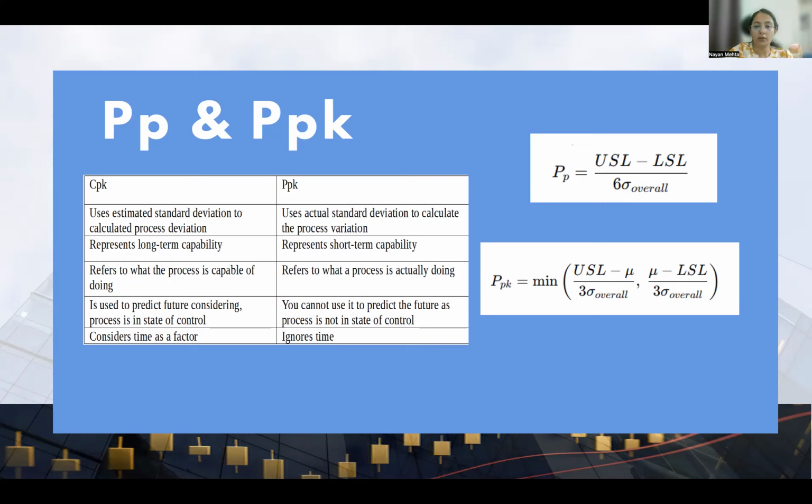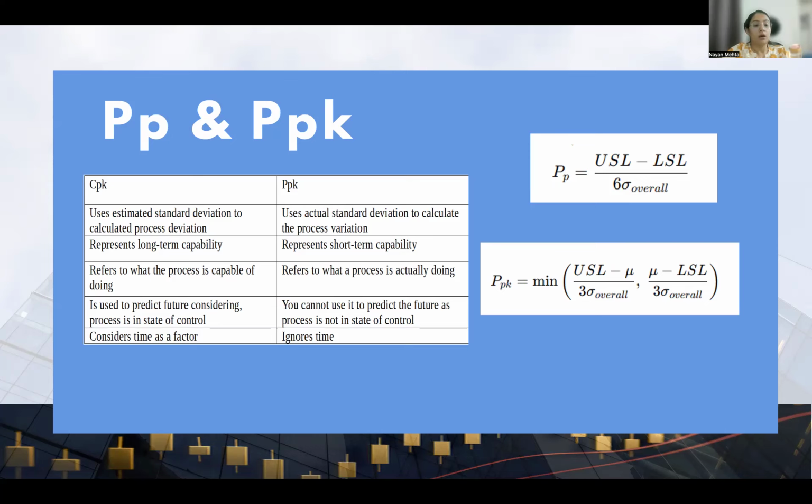The formula is the same: minimum of USL minus X bar, or mu minus LSL, divided by 3 times the standard deviation, but overall. So PPK tells us not only how much variation exists, but also whether my process is shifted towards one side of the specifications.